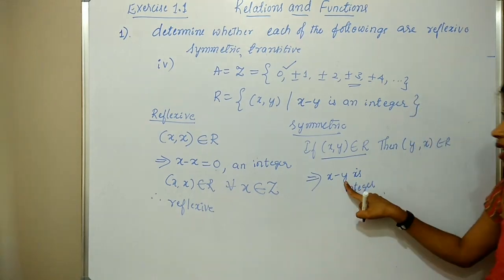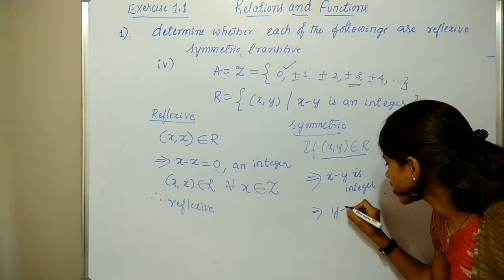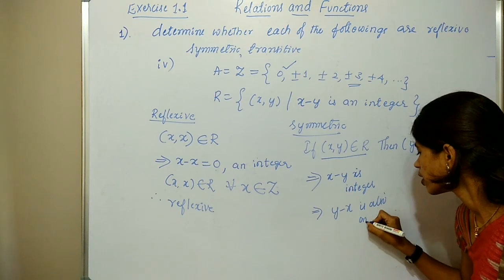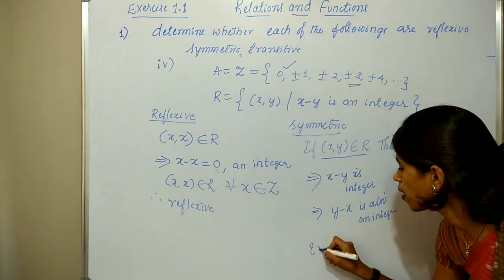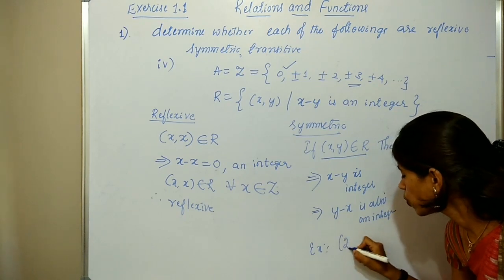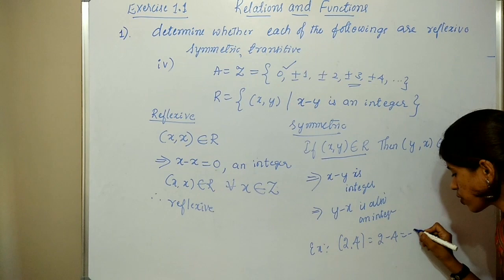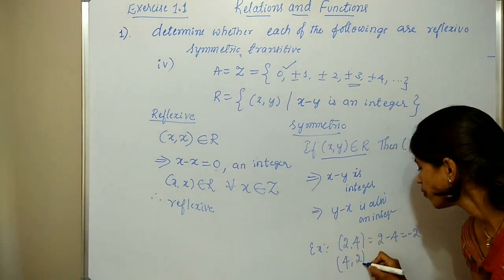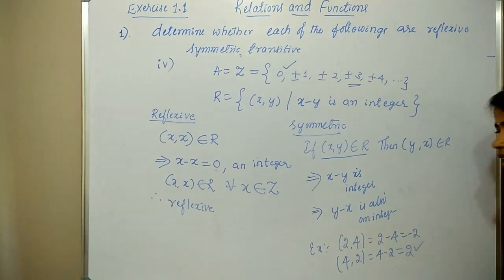So x minus y is an integer means y minus x is also an integer. Is it right? For example, if I take (2, 4), 2 minus 4 is minus 2, which is an integer. If I take (4, 2), we get 4 minus 2, which is 2. 2 is also an integer.